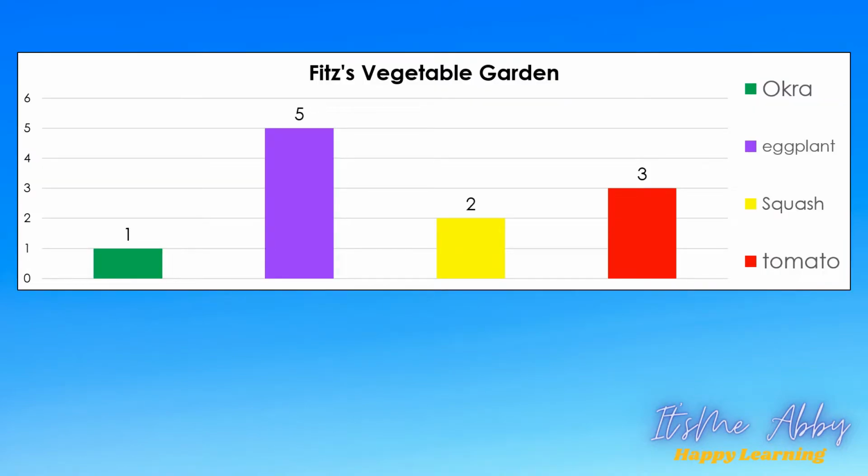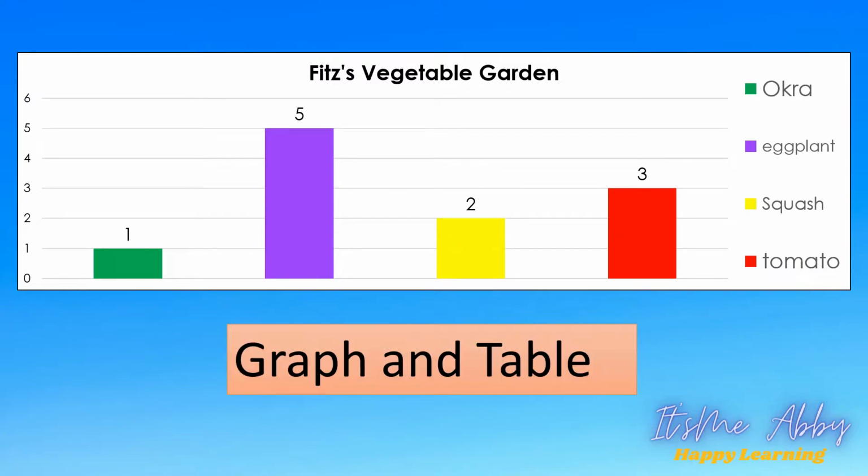How about this one? You have table and graph, and it's very colorful. Do you know how to interpret this one? Are you confused how to interpret this? Do you know what this data is all about? This is an example of graph and table. Again, graph and table.